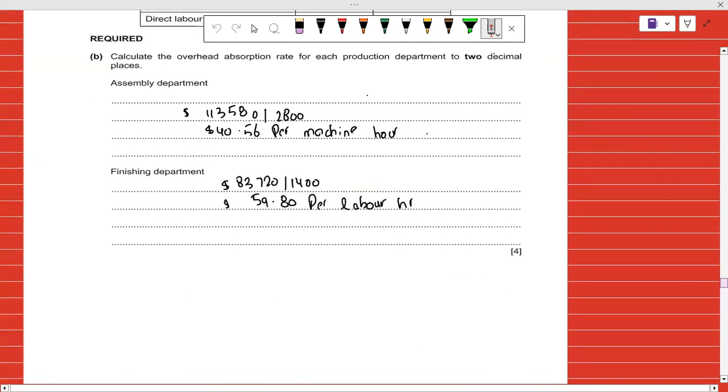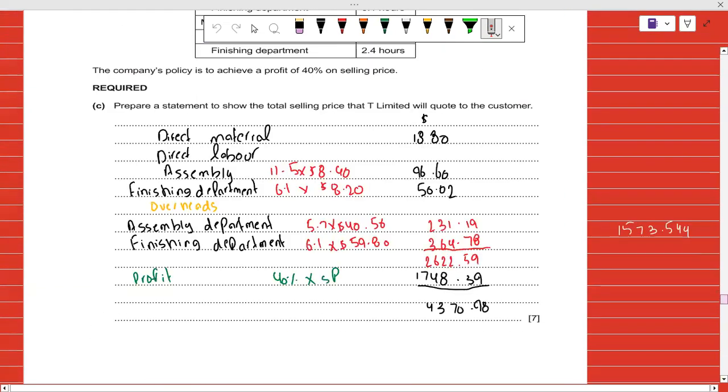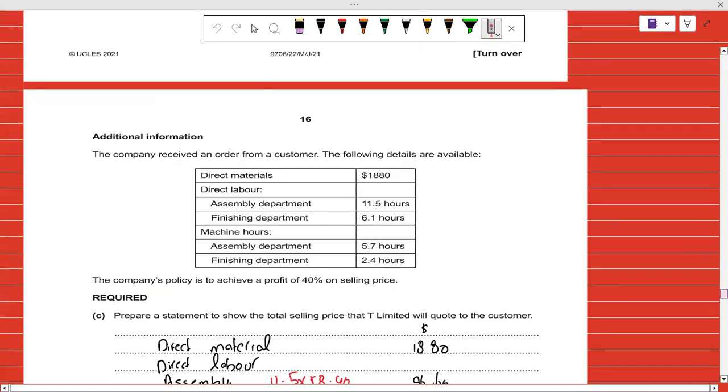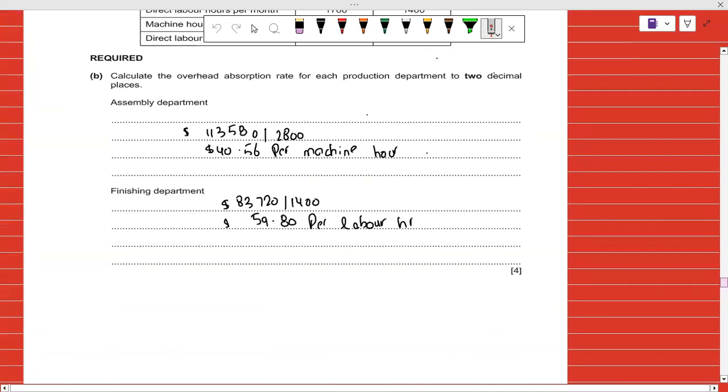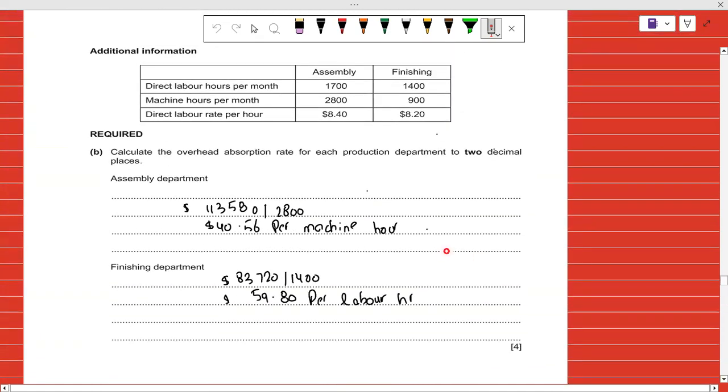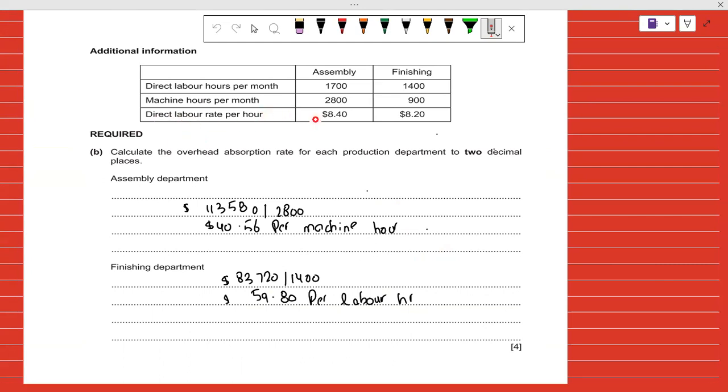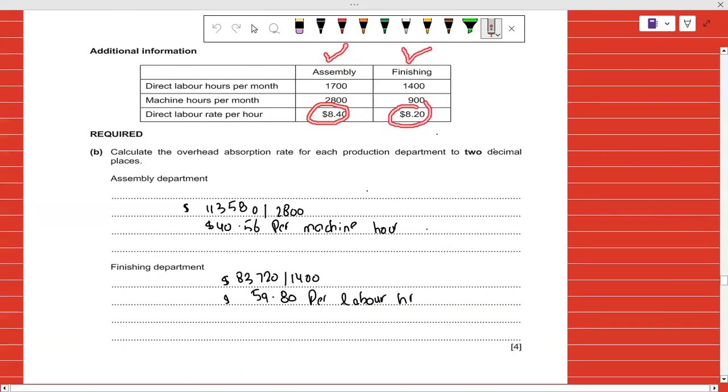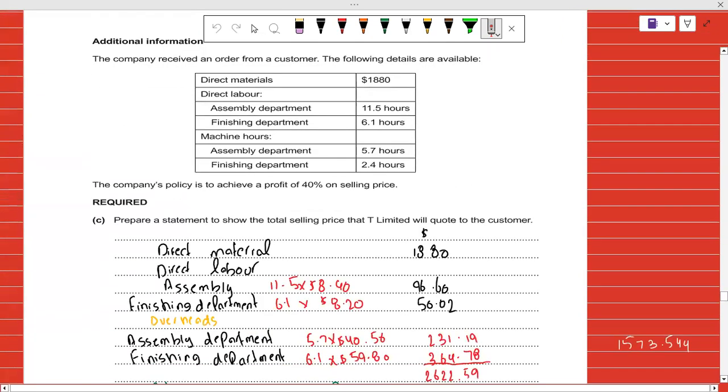We have just calculated this here. You can see that direct labor rate per hour is $8.40 for the assembly department and $8.20 for the finishing department. And they are working in these departments for 11.5 hours and 6.1 hours.